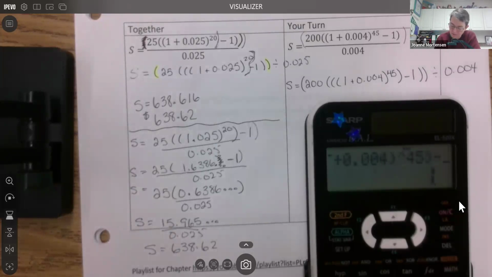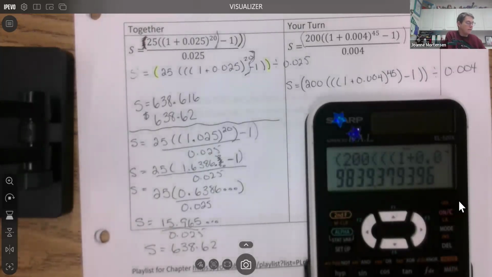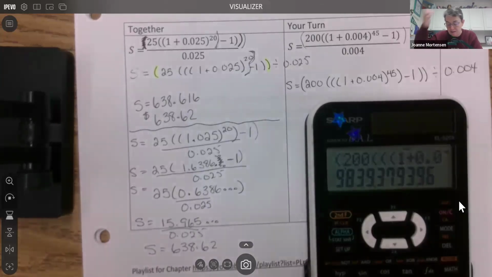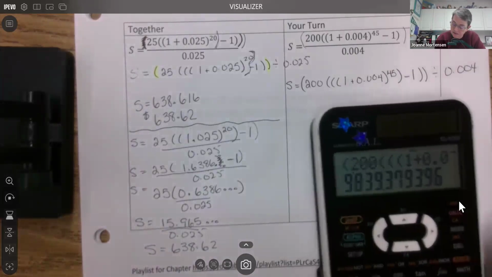Minus 1. Bracket, bracket. Divide by 0.004. And survey says, I think I made up that question on the fly. So I'm going to say we're probably right. And there we go. So 9839.